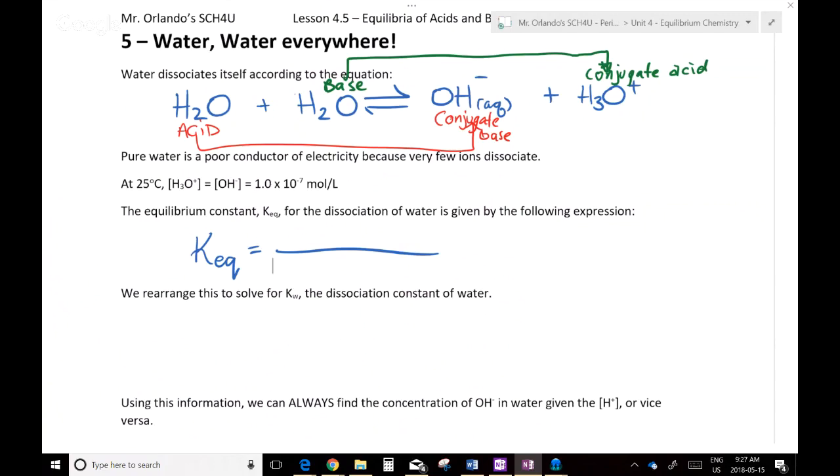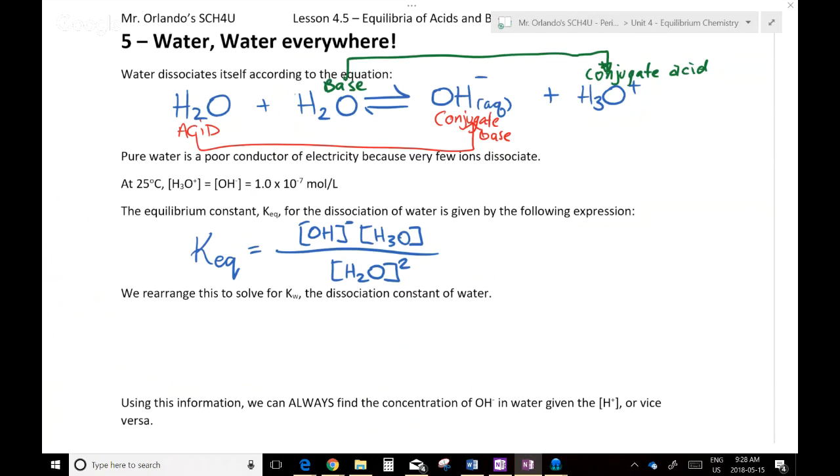Yep. Good. And of course, I could just write that as H2O squared. Good. That make sense? Now, do you think in a cup of water that much of the water does this? What do you think?